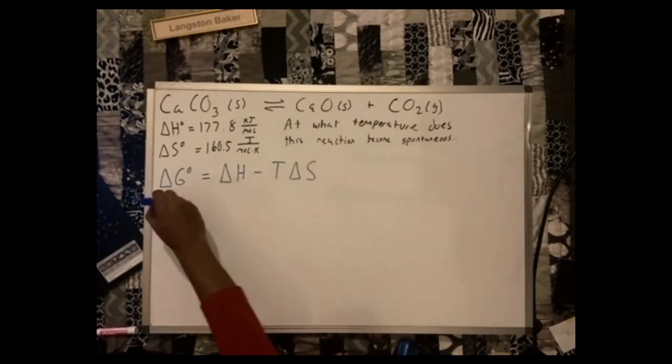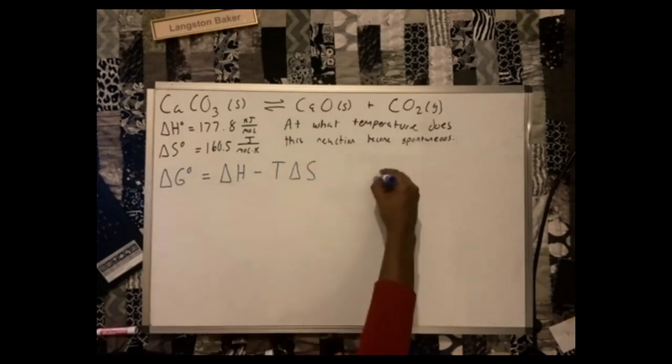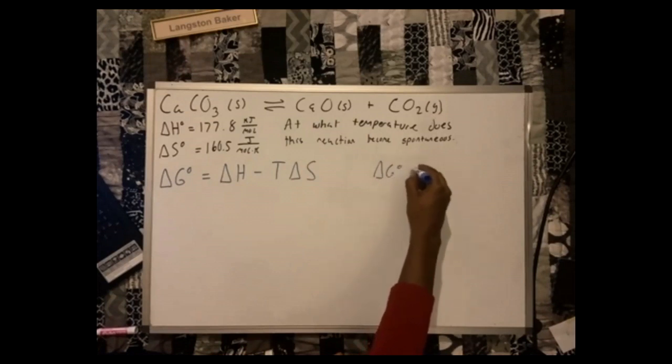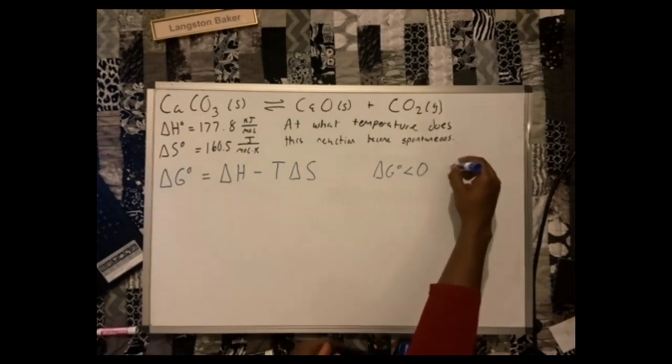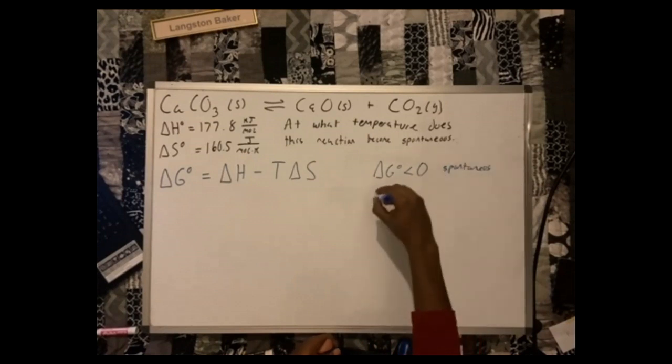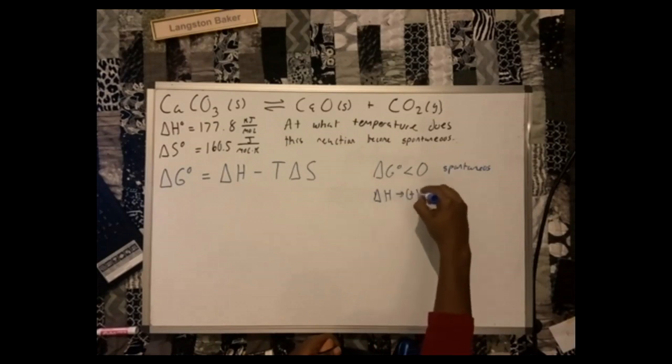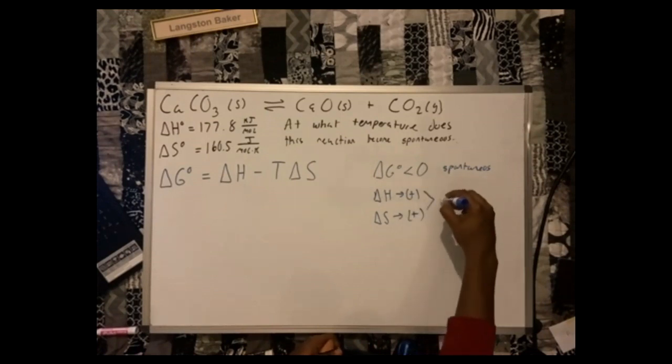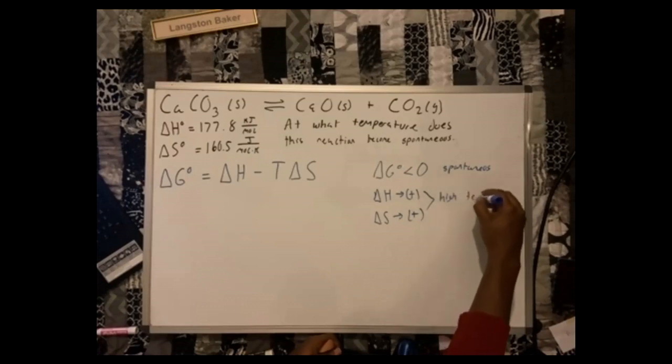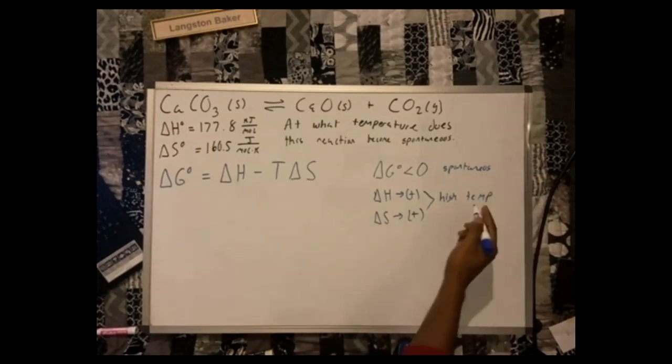You want delta G naught to be negative, less than 0, for it to be spontaneous. If delta H is positive and delta S is also positive, that means at high temperatures it's spontaneous. That'll help us later.